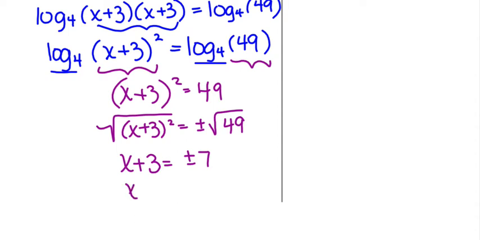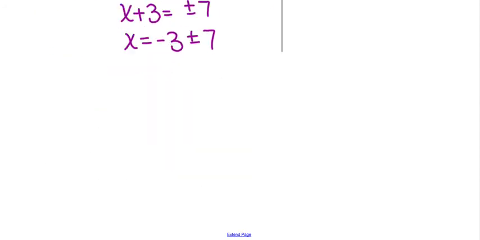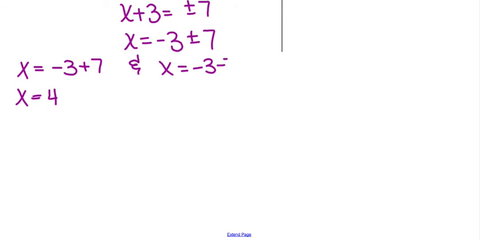Now we're going to go ahead and subtract 3 to isolate the x. And now we're going to go ahead and find our two solutions. All right, we have x equals negative 3 plus 7, which is 4. And x equals negative 3 minus 7, which equals negative 10.